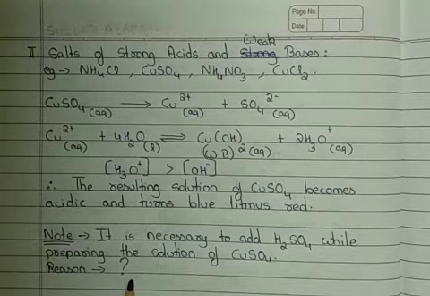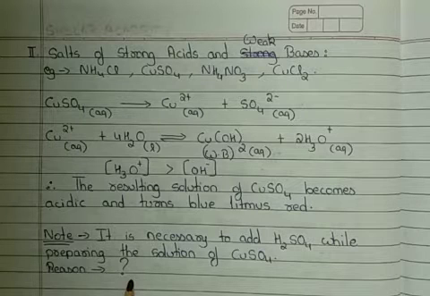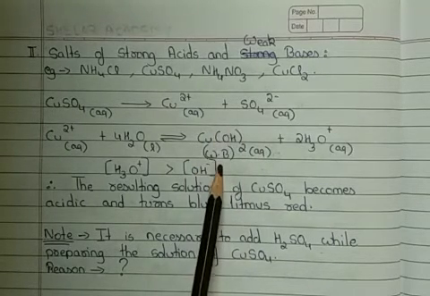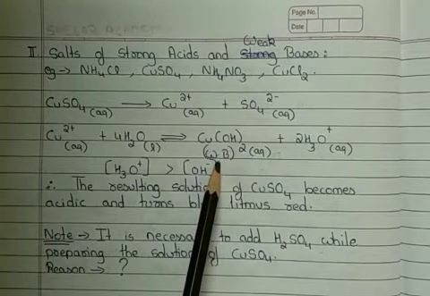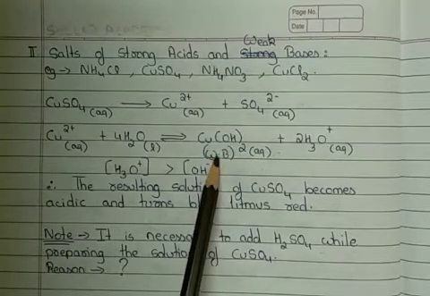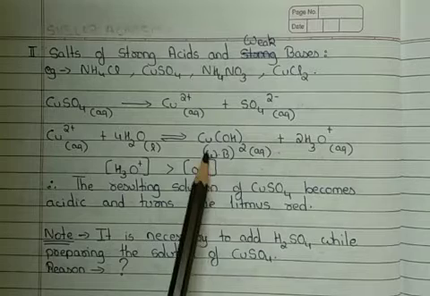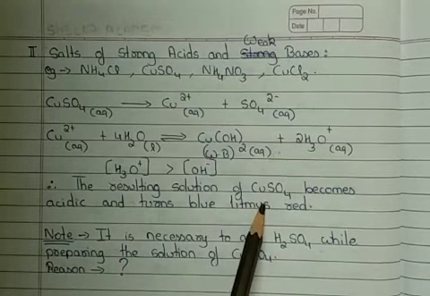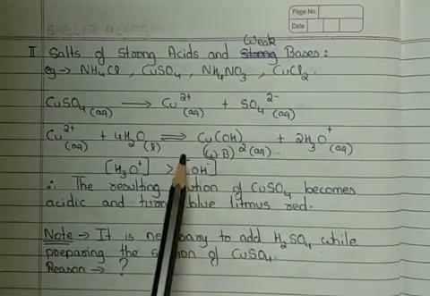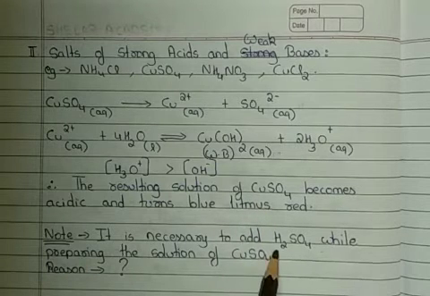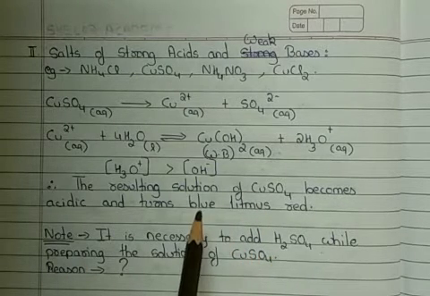What happens is, when we prepare a solution of copper sulfate, there happens to be a formation of copper 2 hydroxide. This is a sparingly soluble salt. As it is sparingly soluble, the hydrolysis of copper sulfate solution gives a turbid solution. Because it is turbid, we have to remove that turbidity.